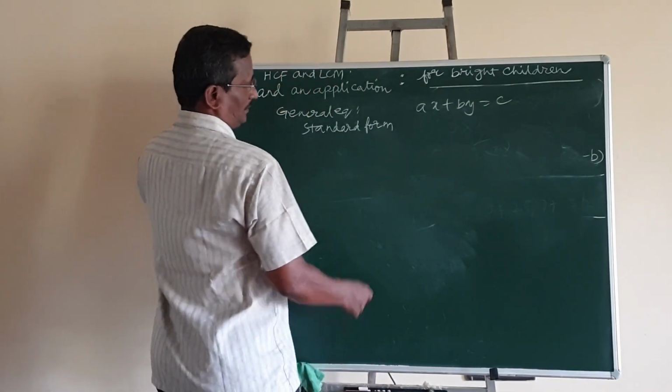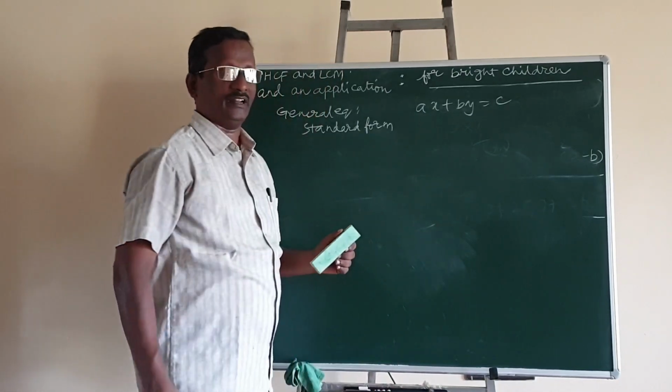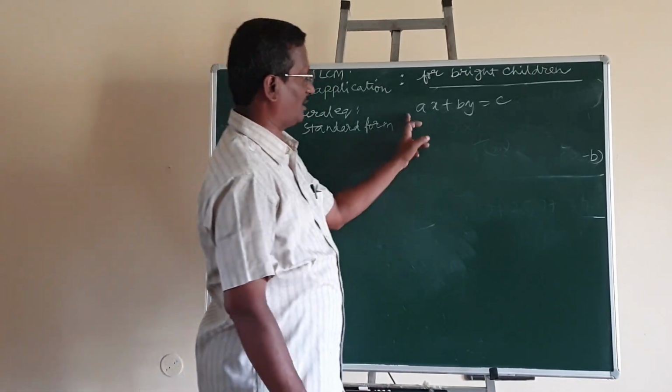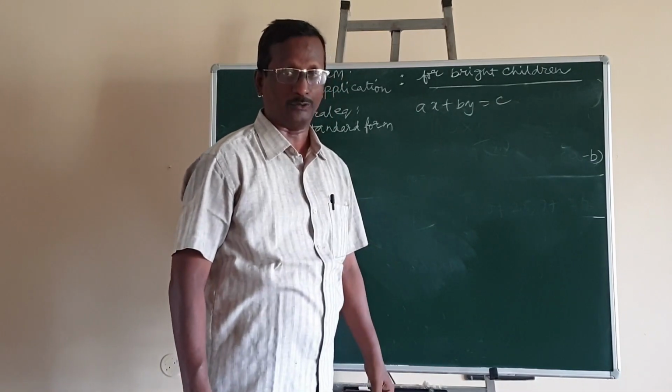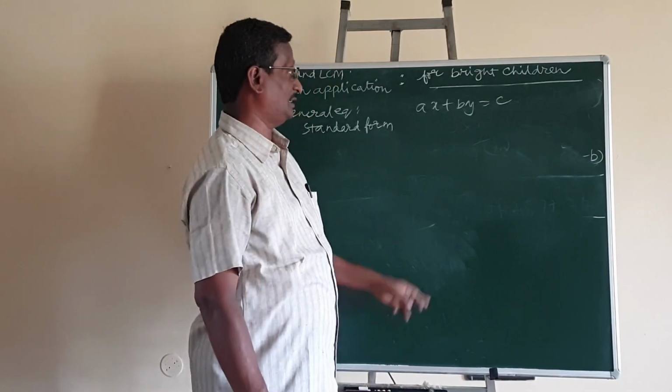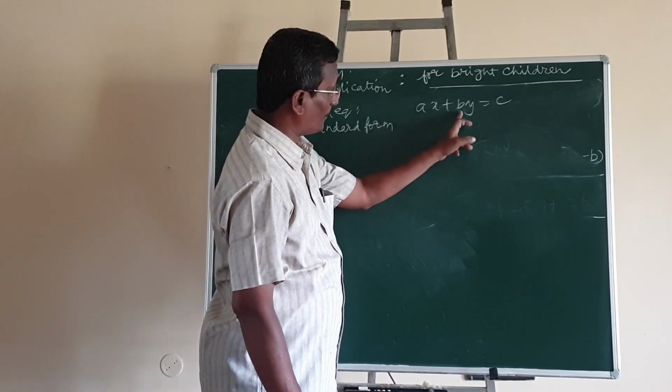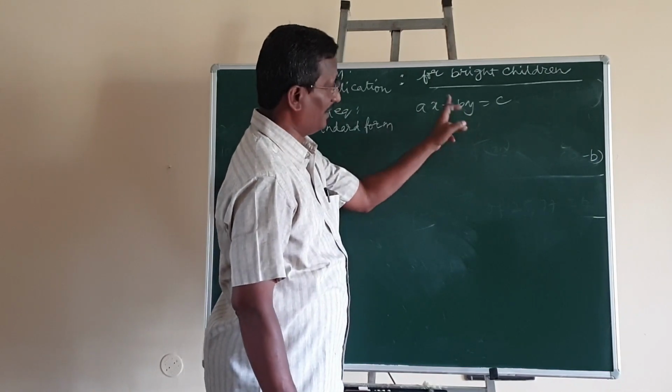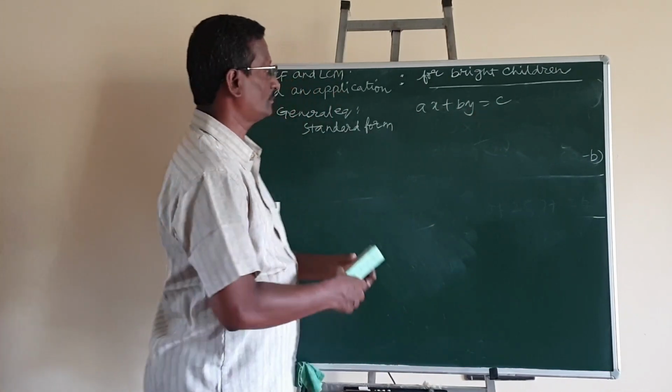Now, it is possible to generate integral solutions for the equation ax plus by is equal to c only if the HCF of a comma b divides c.